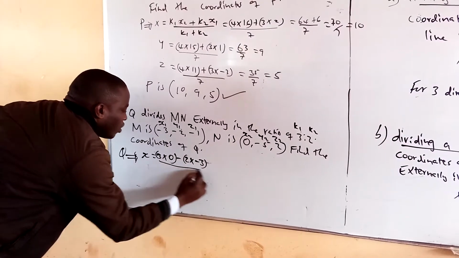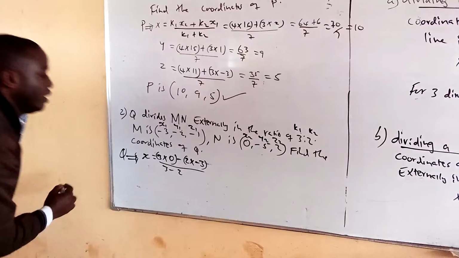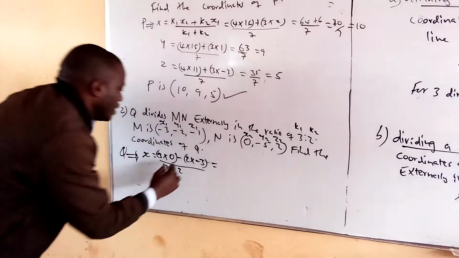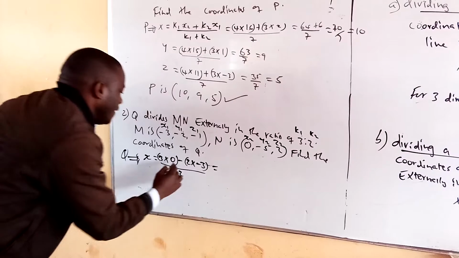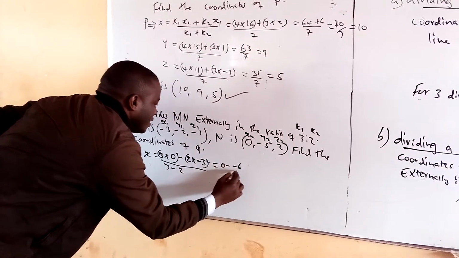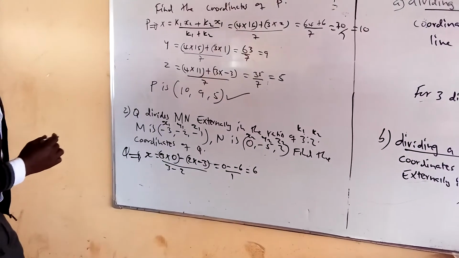Then whatever we get, all over 3 minus 2, that is our k1 minus k2. This gives you 3 times 0 is 0. 0 minus 2 times -3 is 0 plus 6. This is all over 1. This is the same as 6 over 1. So that is the coordinate of x.